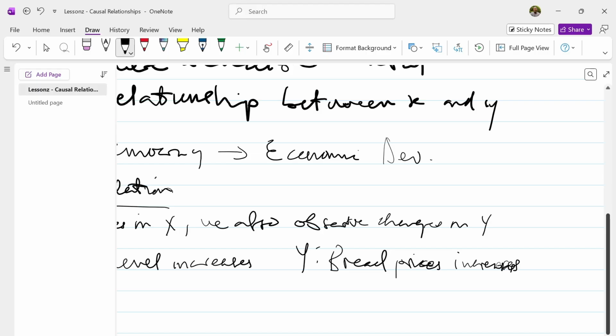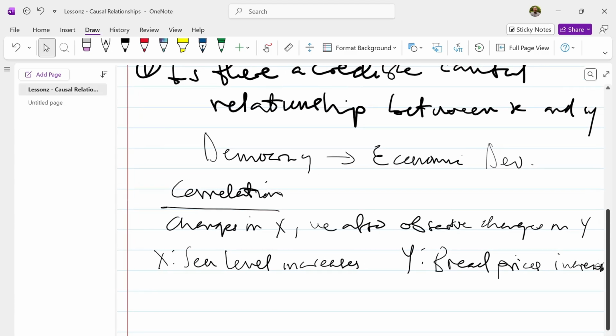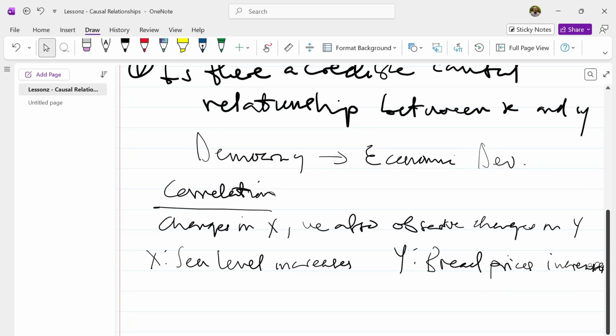But there seems to be no sensible explanation for why increases in sea levels would lead to increases in bread prices. So there is correlation between sea levels and bread prices, but that does not lead to causation.